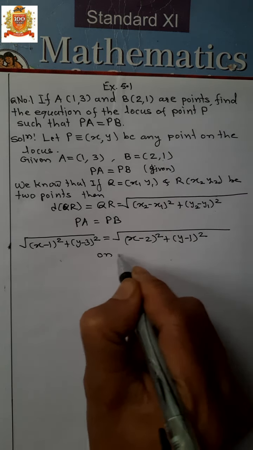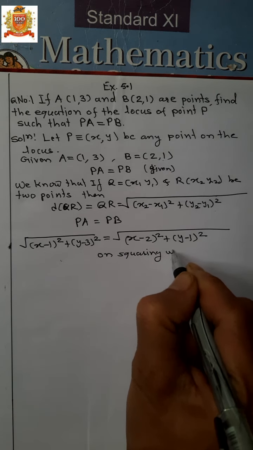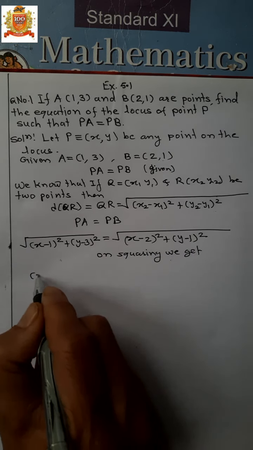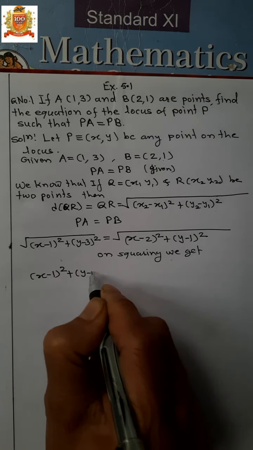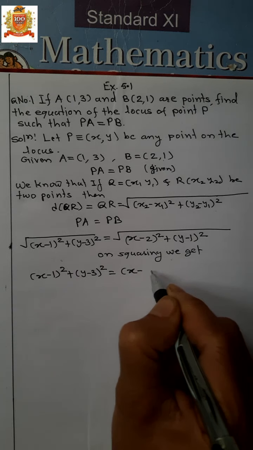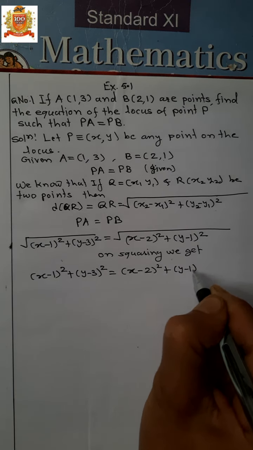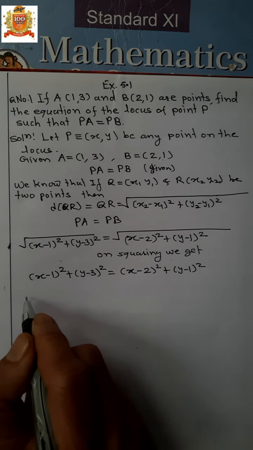On squaring we get (x minus 1) square plus (y minus 3) square is equal to (x minus 2) square plus (y minus 1) square, isn't it?